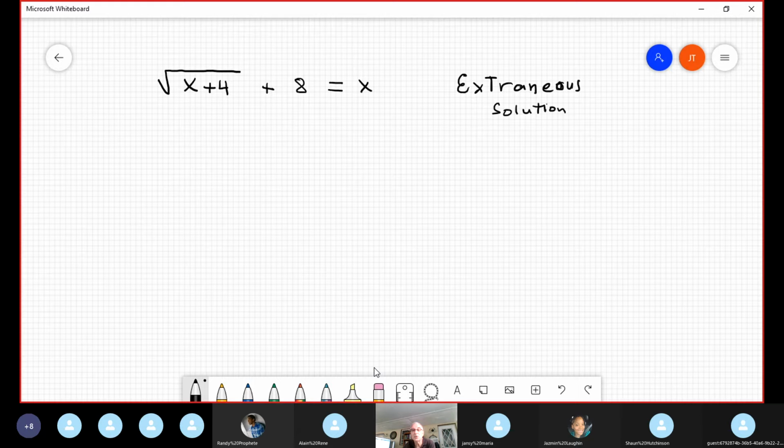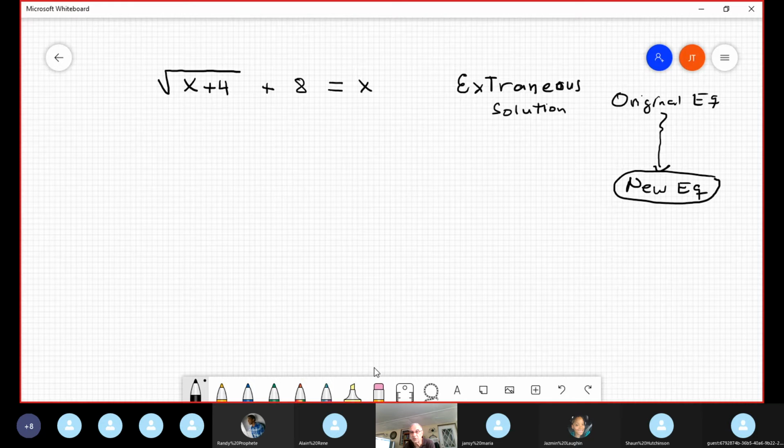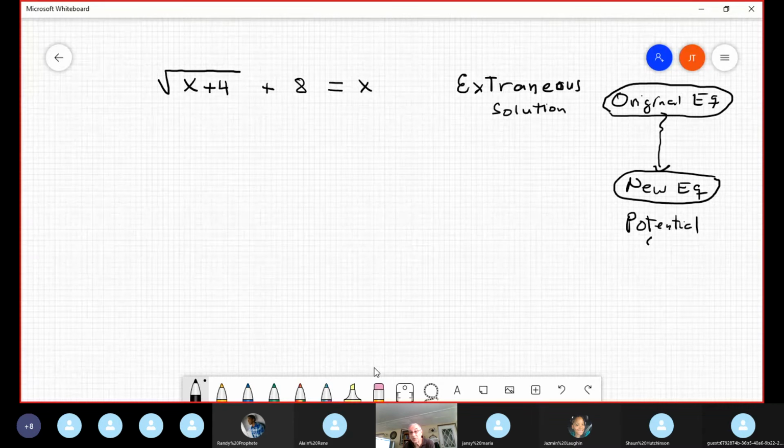A solution belongs to the original equation, but you apply algebra and you transform it to a new equation. This new equation is easier than the original, and you get solutions. And these solutions are potential solutions, and you need to verify.